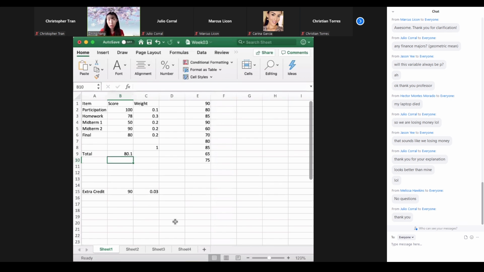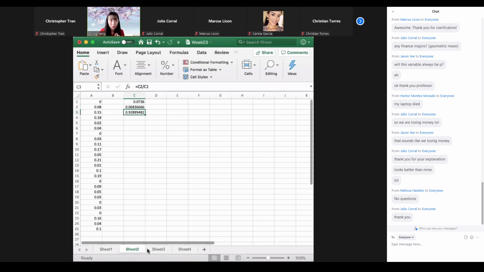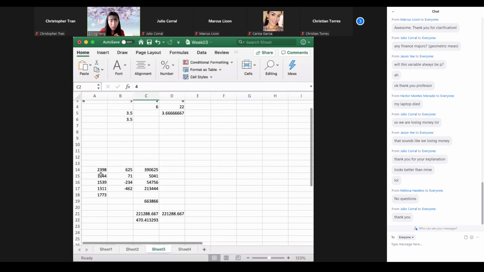So again, if you go to Excel, let's make it easier by using Excel.